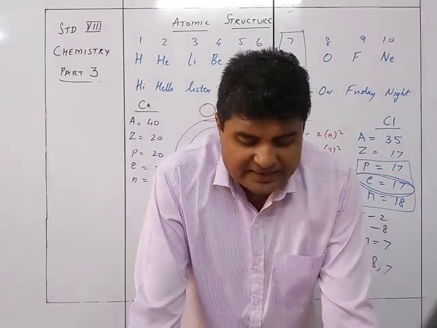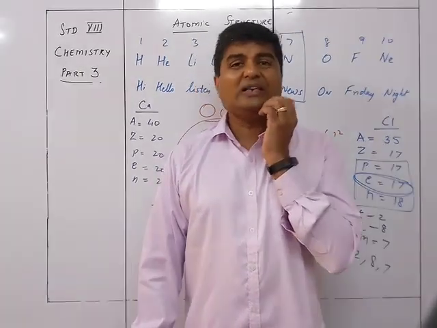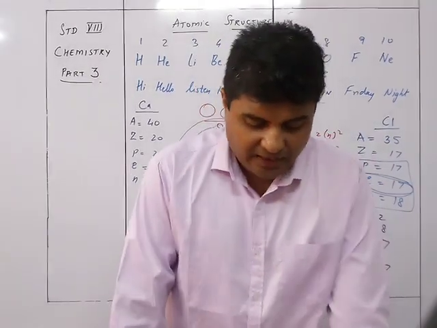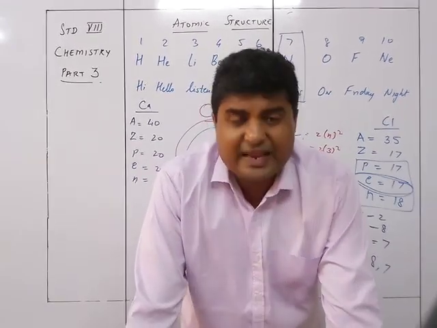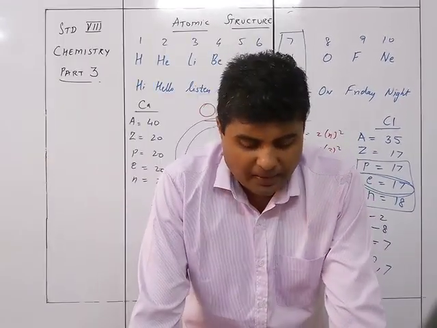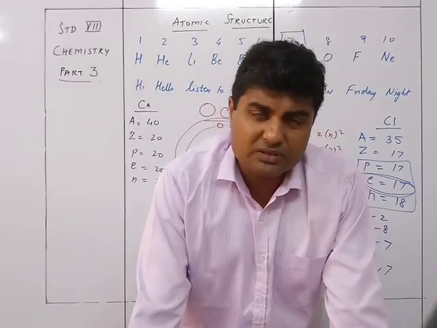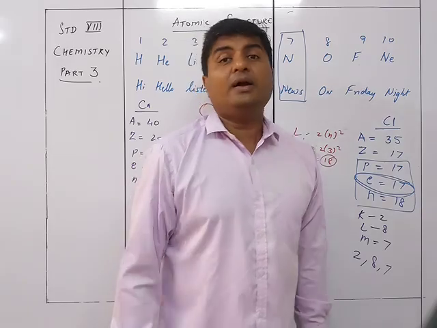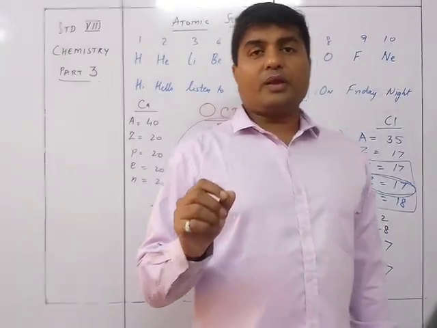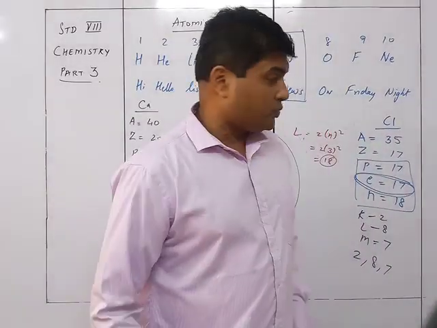Next we will see isotopes. Isotopes are atoms of the same element having the same atomic number but different atomic mass numbers. I told you the example of hydrogen in my previous class, that hydrogen has 3 isotopes. What do you mean by isotopes?